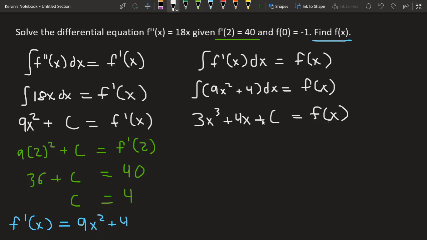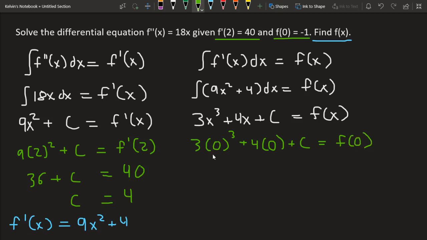Now, that would be our general solution for f of x, but we are asked to find the particular solution because we are given that f of 0 is equal to negative 1. So, in order to find the particular solution here, we can use the same steps we did earlier. So, f of 0, so 3 times 0 cubed plus 4 times 0 plus c is equal to f of 0.